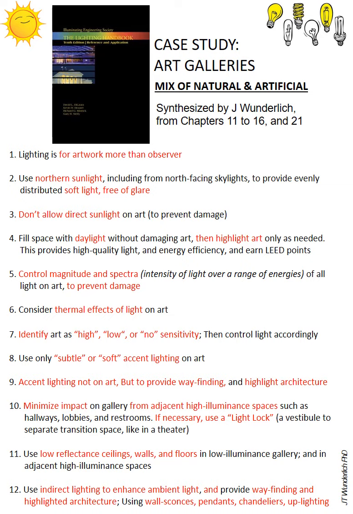So you might want to light lock, like you see in theaters, between the space and the art exhibit space, if it's a big museum or art gallery. You want low reflectance everywhere in the activity spaces and the exhibition space. You want indirect lighting to enhance ambient light and aid wayfinding and highlight architecture.